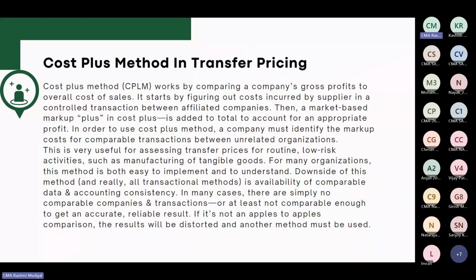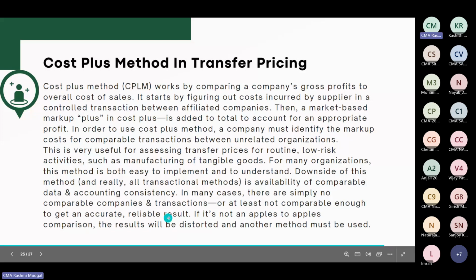So what happens, every time we get scrutinized, every time there is an audit for the purpose of transfer pricing, we need to go with this. If it is not an apples to apples comparison, the result will be distorted. Obviously, apples to apples, then only it will be a good result.